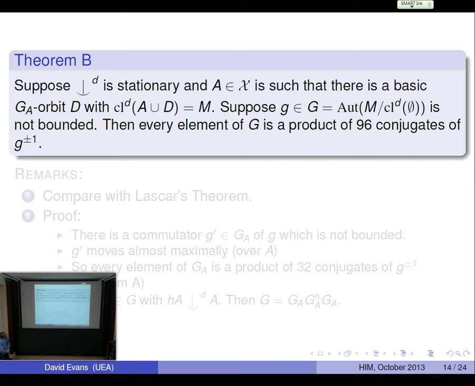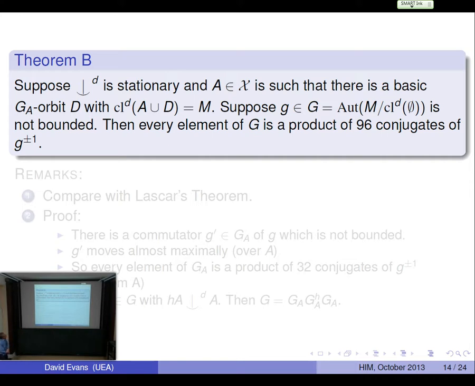And suppose that you've got some closed set A for which there's a basic GA orbit D such that the whole of M is the closure of A together with D. This corresponds, in Laskar's theorem, to there being a strongly minimal set in which the whole model is the algebraic closure.